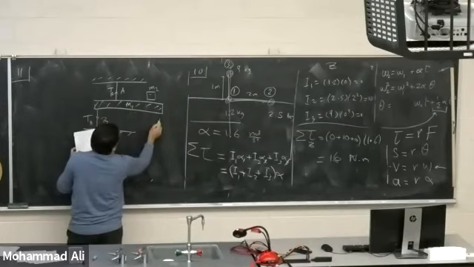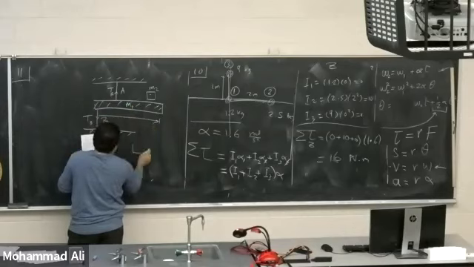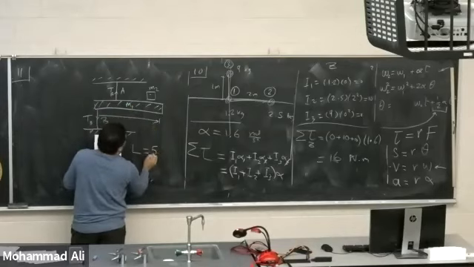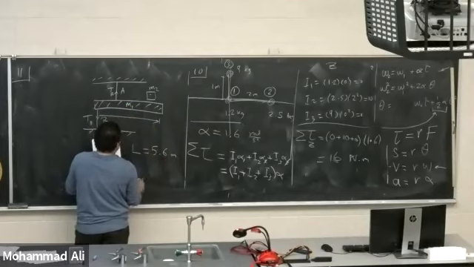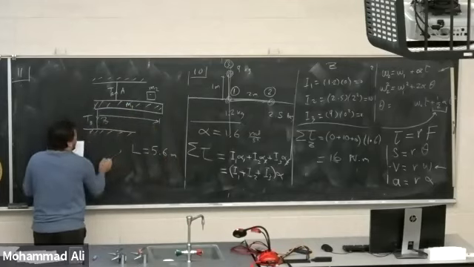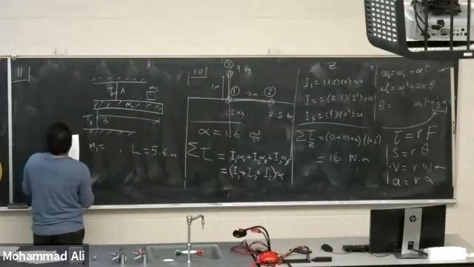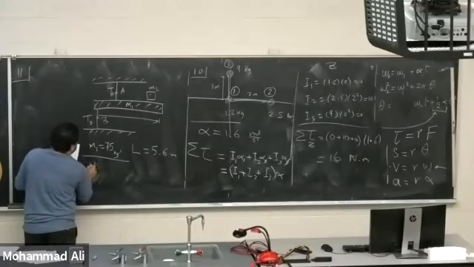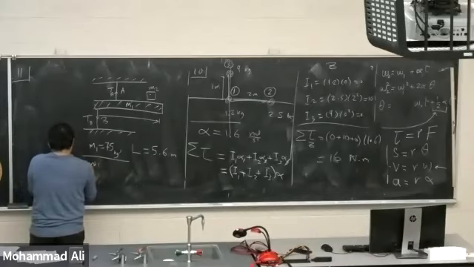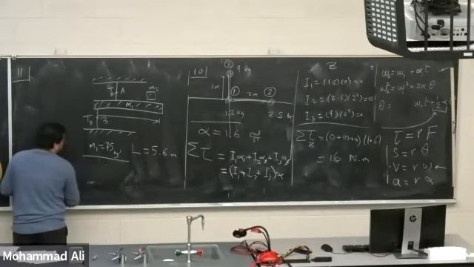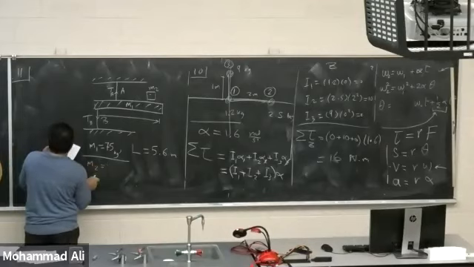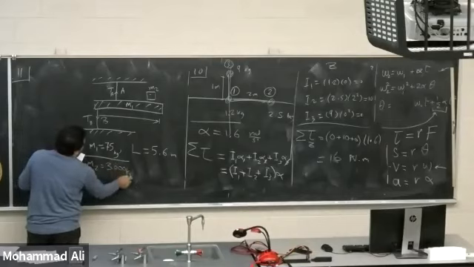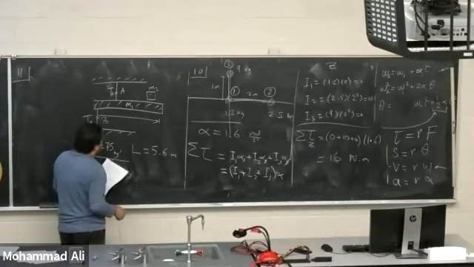Its length is L equal to 5.6 meters. It's a crane. M1 equal to 75 kilograms. M2 equal to 3,000 kilograms.